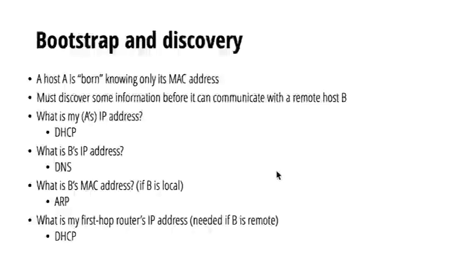DHCP gives me my IP address, my net mask, which is my prefix, my first hop router's IP address, and my DNS resolver's IP address. All of them IP addresses, because DHCP is bootstrapping L3, it's bootstrapping IP. So it's giving me IP addresses for all of these. DHCP tries quite hard to be agnostic to L2.